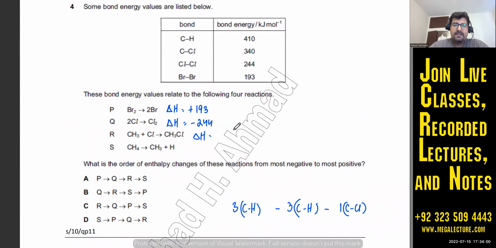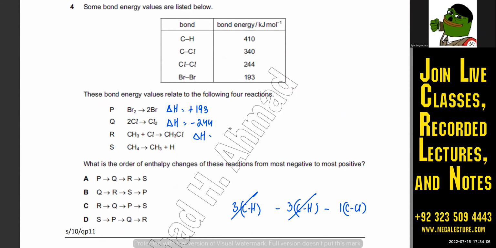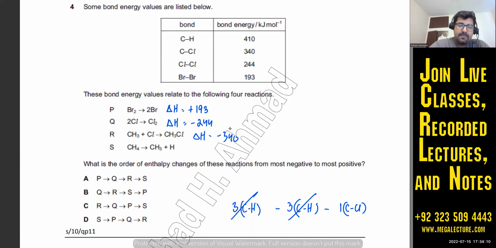So what's the enthalpy change? Minus 340. This is minus 340. What's the enthalpy change for the last one? Plus 410.